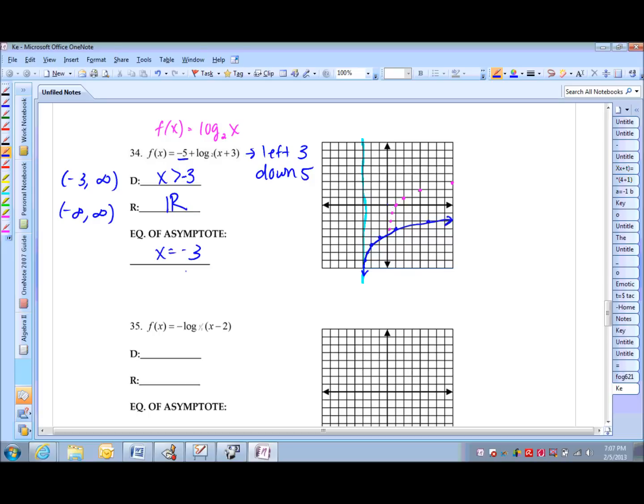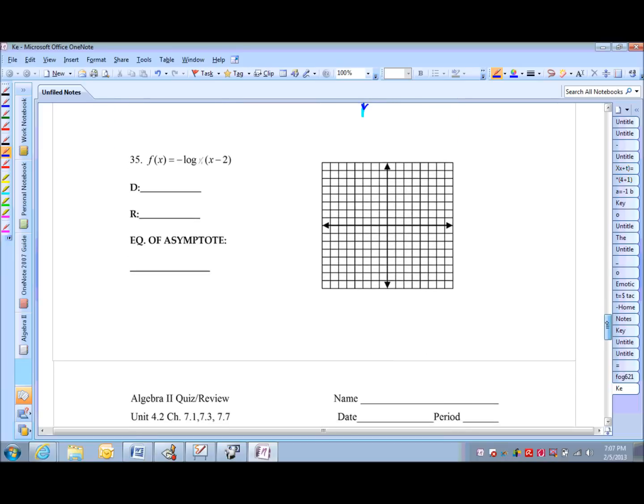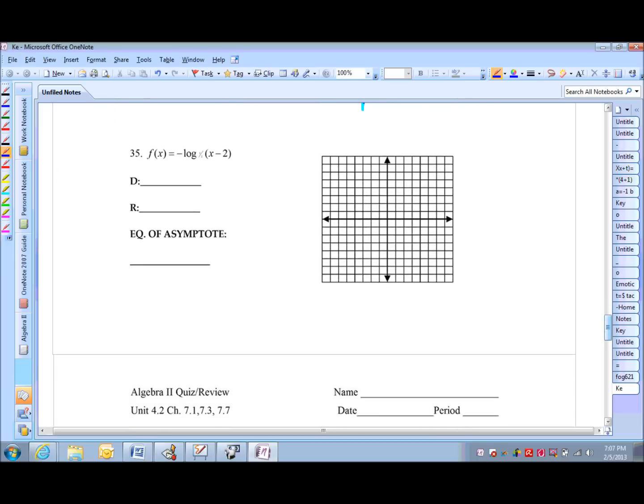Okay, now moving on to 35. It tells us f of x equals negative log 1/2 of x minus 2. The parent function we're dealing with is f of x equals log 1/2 of x. So we're going to plot those parent points first, and then we'll apply our transformations.